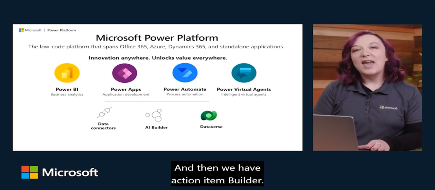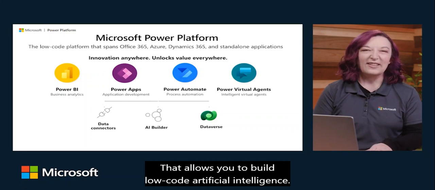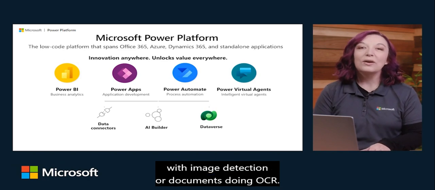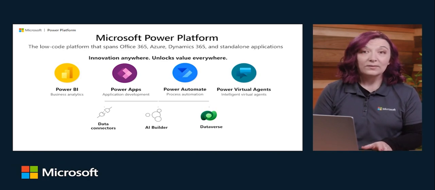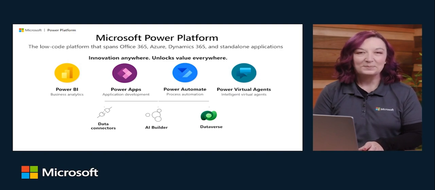And then we have AI Builder. That allows you to build low-code artificial intelligence. You can just drag and drop and upload images to work with image detection or documents doing OCR. It also works with predictions and natural language processing.